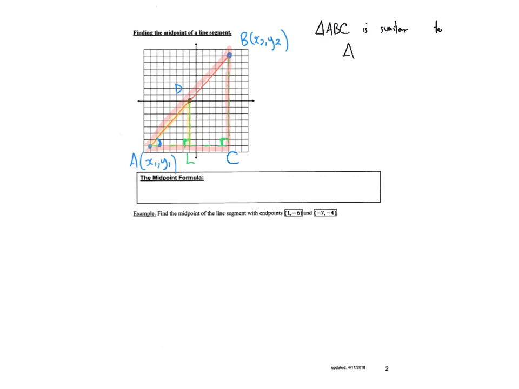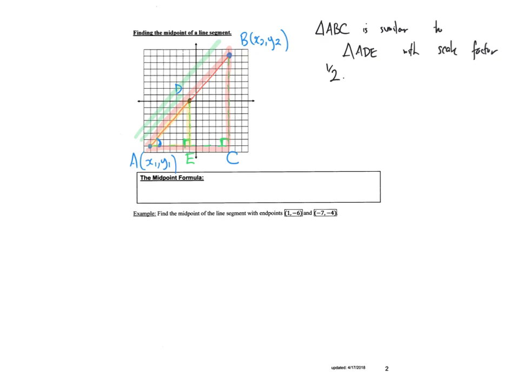Let's call it E, to triangle ADE, with scale factor 1/2. Why is that the case? Well, let's think about it. AD, that D is supposed to be the midpoint, so that better be half the length of the longer hypotenuse.